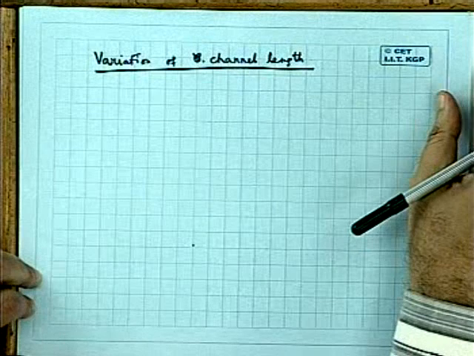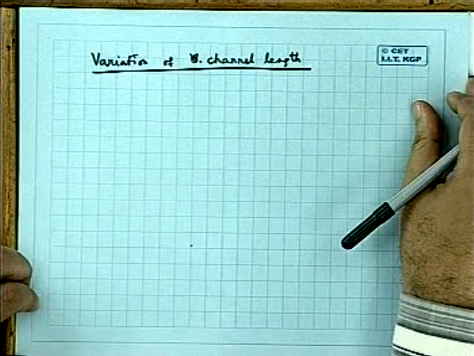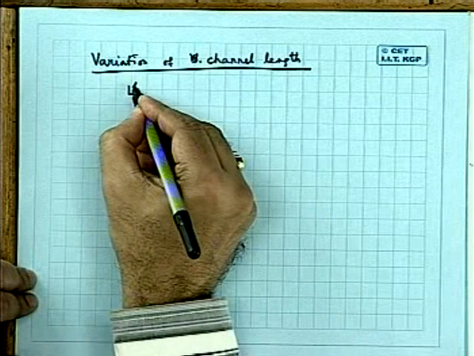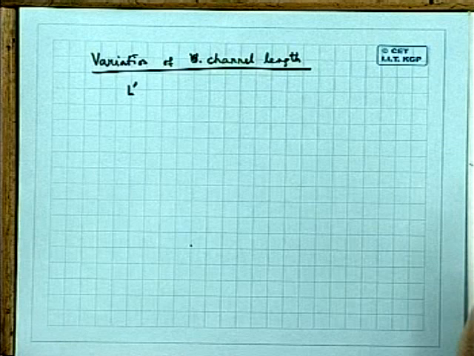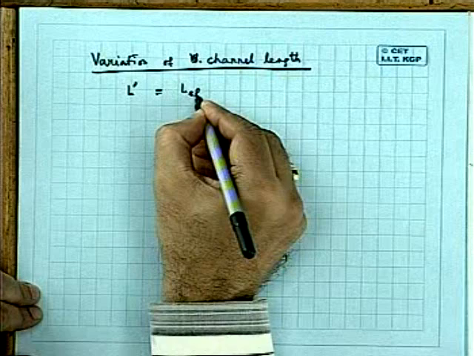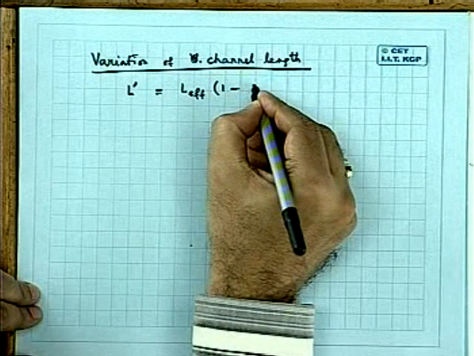We have introduced the term lambda, isn't it? But then you see that there is an L dash term. L dash is the reduced channel length at which the pinch off occurs. That can be written as L effective into 1 minus lambda VDS.